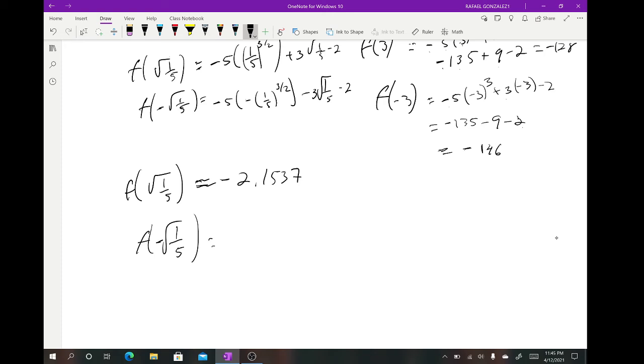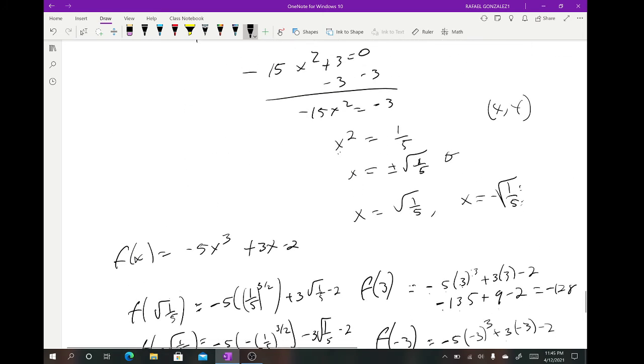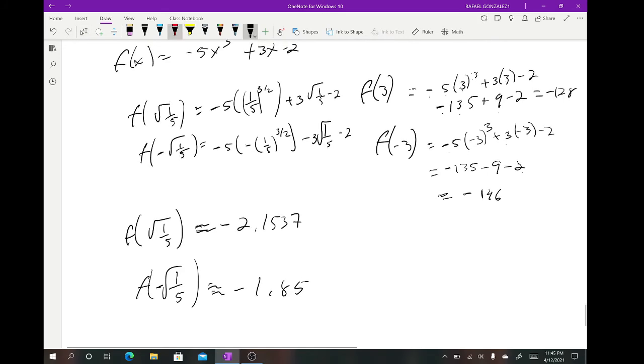So it's going to be equal to negative 1.85, roughly. So now remember that we're looking for the absolute maximum and absolute minimum. When you find the absolute maximum and absolute minimum on an interval, you look for the lowest value for the absolute minimum, and you look for the highest value for the absolute max.